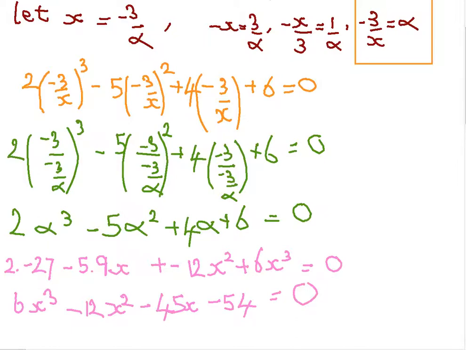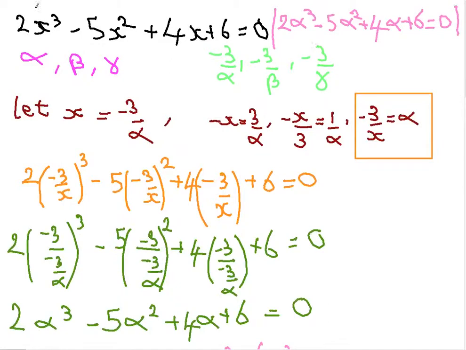To recap what we were asked to do, we started off with this equation. We were told the roots are alpha, beta and gamma. We were asked to find a new equation with roots minus 3 over alpha, minus 3 over beta, minus 3 over gamma. The trick is, let x equal minus 3 over alpha, manipulate this expression so you get alpha on one side, and you'll get some expression in x on this side, minus 3 over x.